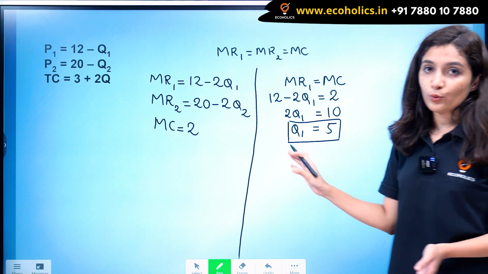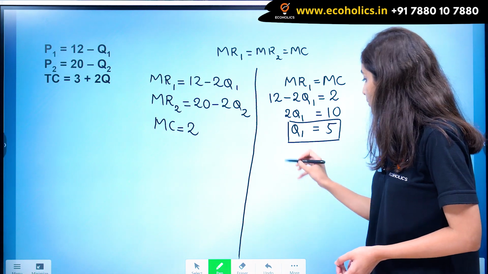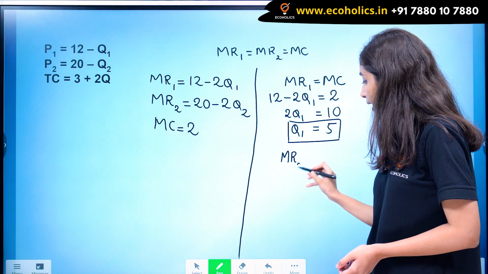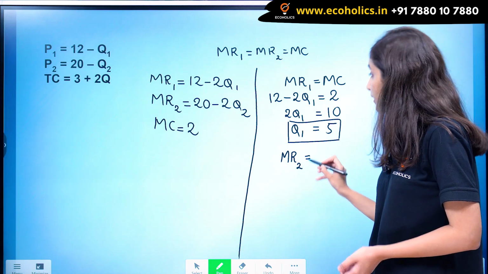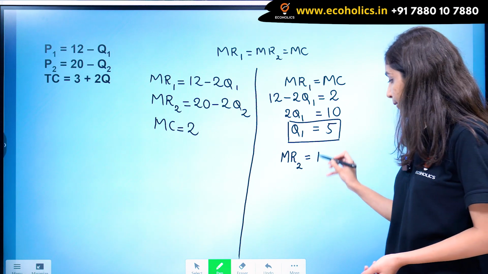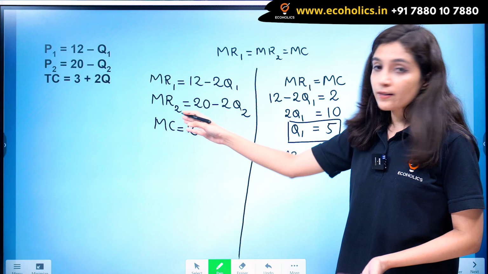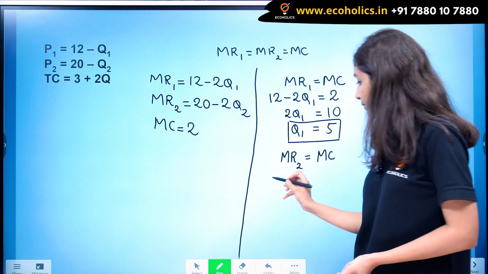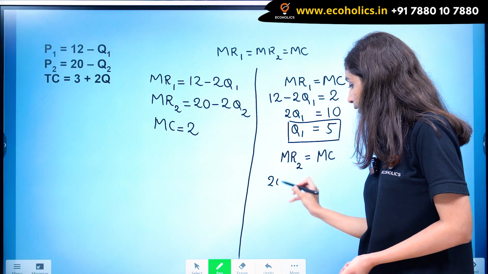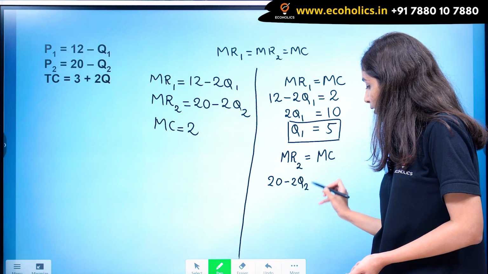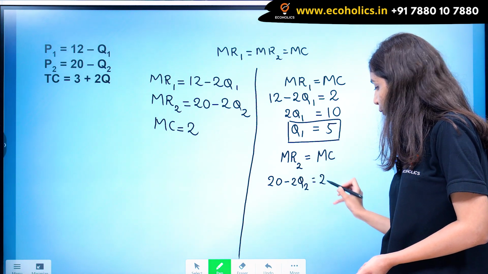Similarly, we are also going to find Q2. So now, MR2 is equal to MC. So what did we get our MR2 as? We got our MR2 as 20 minus 2Q2 is equal to 2.